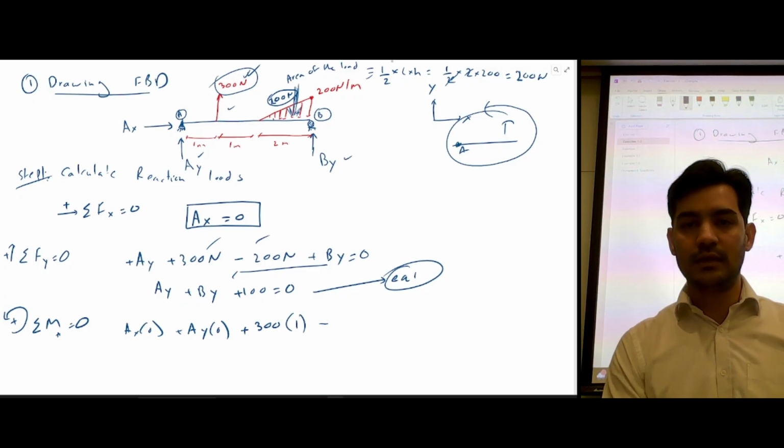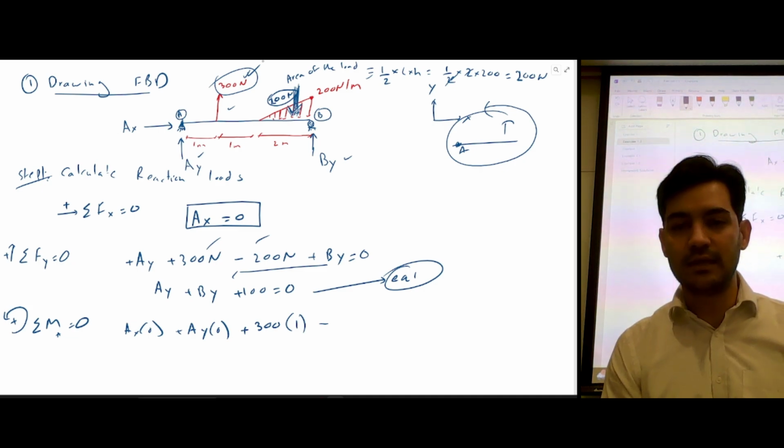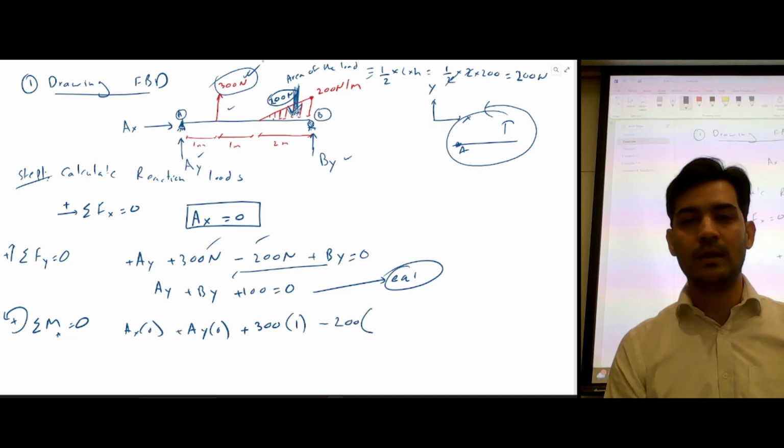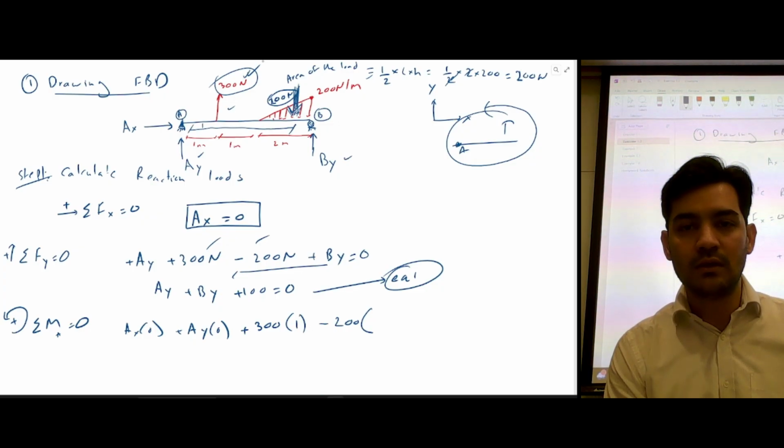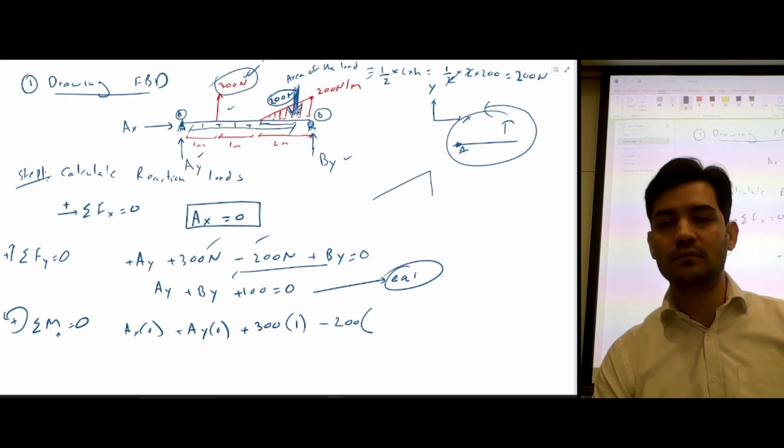And then there's another force, this resultant force. This is going to rotate the beam clockwise, so I put a minus sign. The force is 200 Newton, but we have to calculate the distance, the moment arm. For a triangle, the resultant force is acting at the centroid.